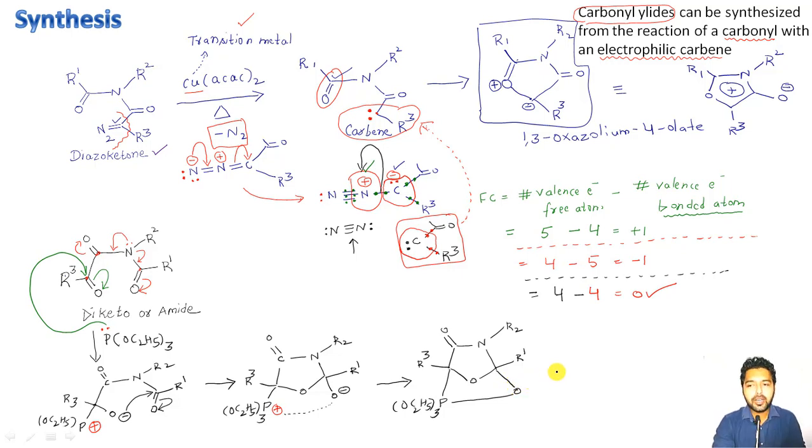And finally what is going to happen is the reshuffling of the bonds will take place in such a way that these electrons will shift here in between the phosphorus and the oxygen atom.